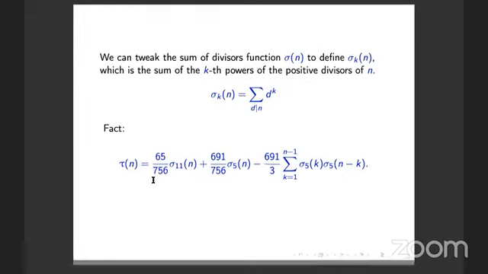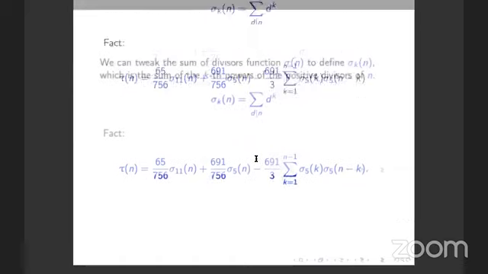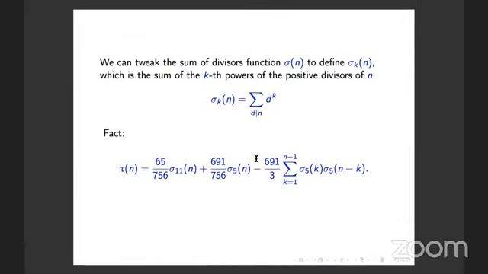And this 691, again, is a very interesting prime number related to the tau function, which has later led to very deep mathematics in number theory. It comes up again in the connection between modular forms and elliptic curves. 691 was the first prime to provide a clue to people like Deligne and Serre that there is some connection between modular forms and elliptic curves.